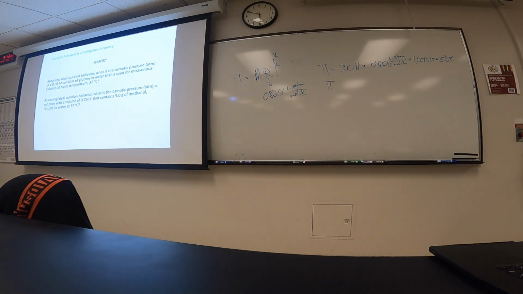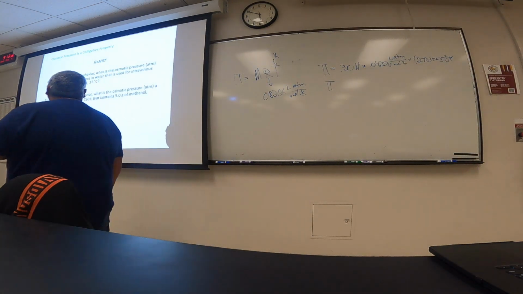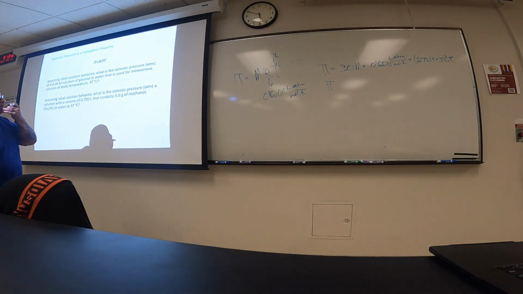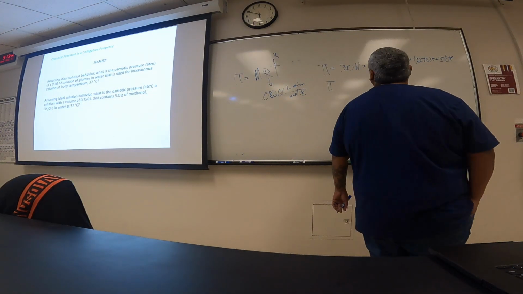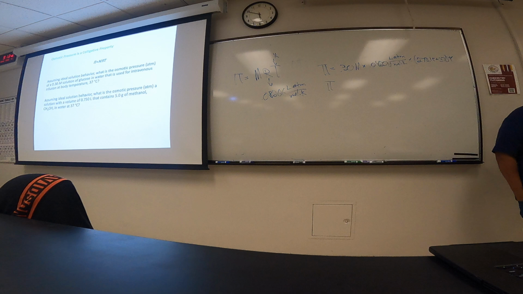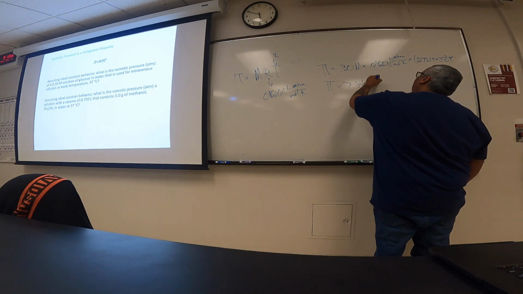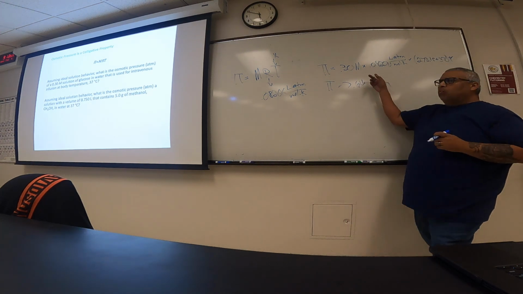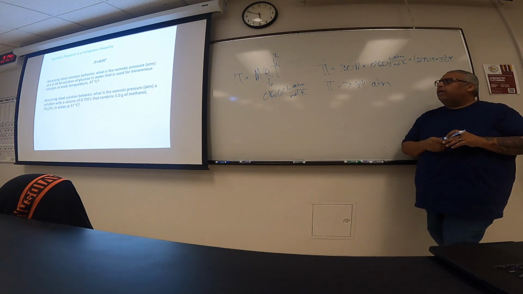And what is our osmotic pressure there? 7.64 atmospheres. So when you're just given all the values, we just set it up and it's just a very simple calculation.